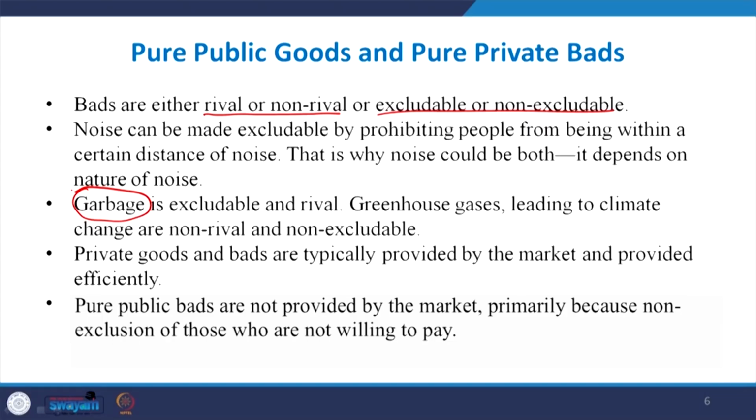Private goods as well as bads are typically provided by the market and the market can provide them efficiently. We know that the price of private goods is determined by the interaction of supply and demand.